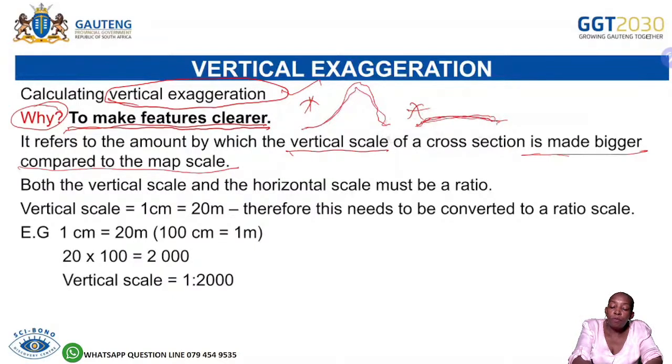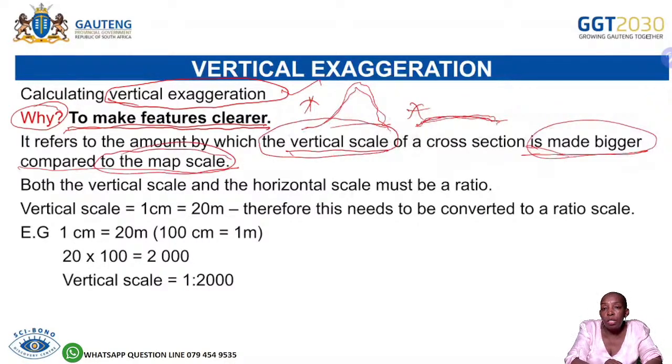So the calculation of the vertical exaggeration helps us to have a clear understanding of how the feature looks in reality compared to the map, because remember, on the map it is put down in relation to the scale of the map.